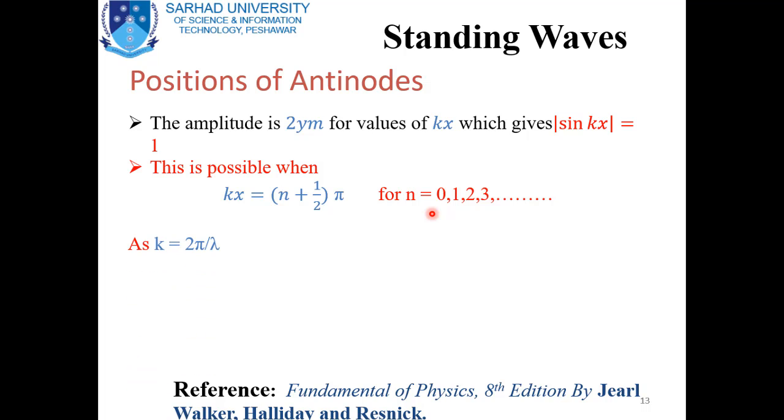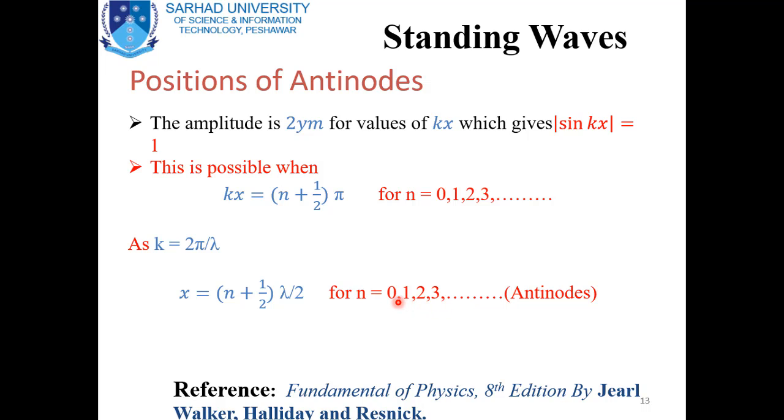As we know that k is equal to 2 pi by lambda, if we insert the value of k and solve for x, we get (n plus 1/2) multiplied by lambda divided by 2, and this represents the positions of all antinodes in a standing wave, where n is 0, 1, 2, 3 and so on.